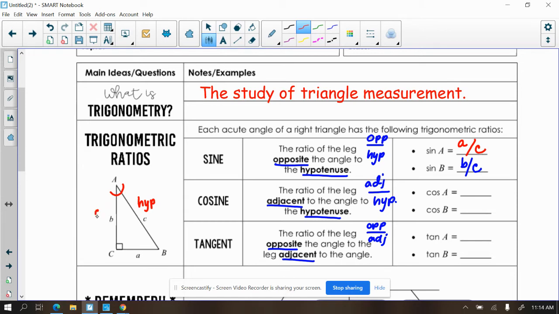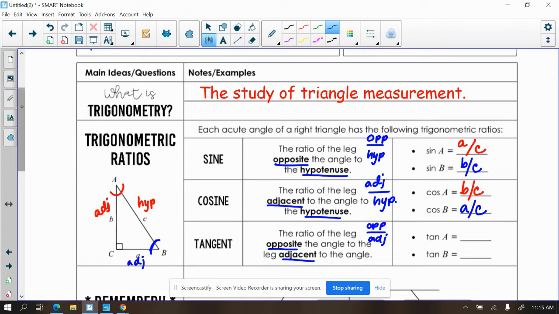Adjacent over hypotenuse, so now we have B over C. For the cosine of B, adjacent over hypotenuse is A over C. If you notice, the sine of A and the cosine of B have the same fractions. And the sine of B and cosine of A are the same as well.